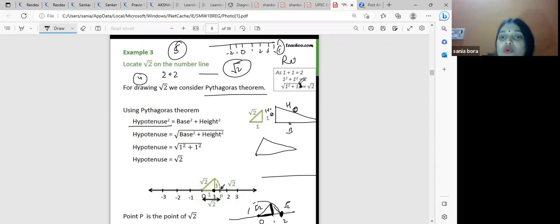Under root of 1 square plus 1 square is going to be under root 2. So by the Pythagoras theorem, you got the hypotenuse like this. You have the base, which is 1, so you put the base. For the height, you take your scale and mark 1. You put your compass here, and you just take it like this. Clear? Okay.